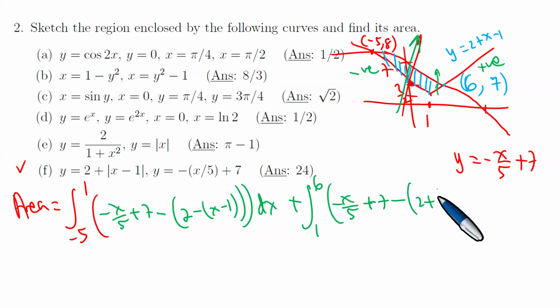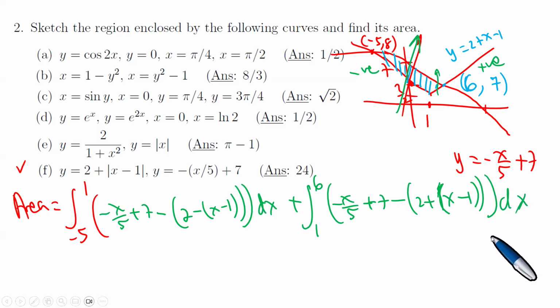Which means that you have 2 plus, put a round parenthesis, and then you have x plus 1, like that. So the upper curve is going to be the straight line, then the lower curve is going to be the absolute value function, then dx, like so.